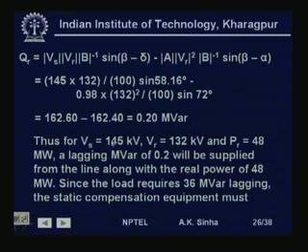Thus, for a V s of 145 kV and V r of 132 kV with P r of 48 megawatt, a lagging 0.2 megavar will be supplied from the line along with the real power of 48 megawatt. Now, since the load requires 60 into 0.6, that is 36 megavar lagging, the static compensation equipment must supply the rest, because the line will supply only 0.2 megavar.